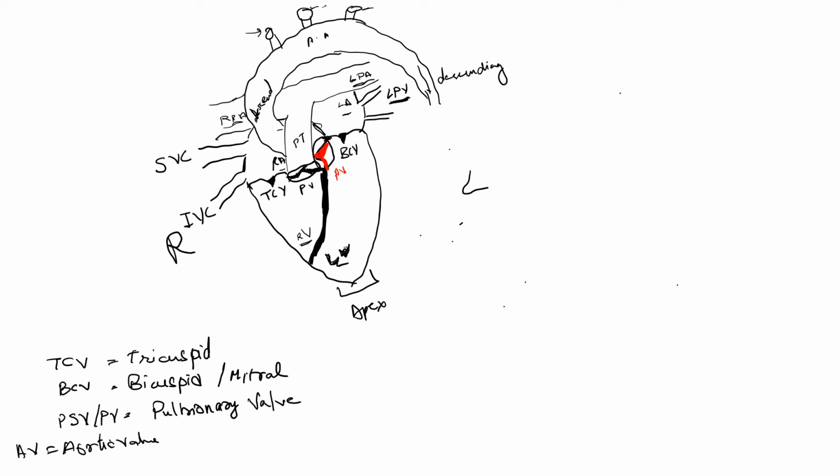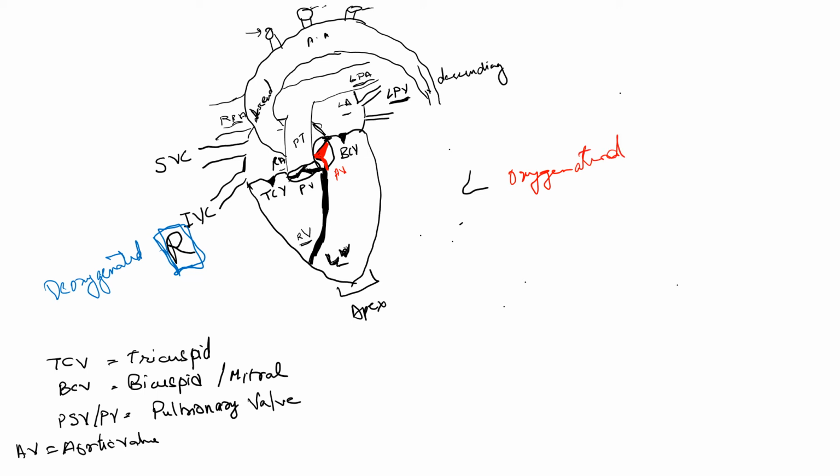Alright, so before you move on, just keep in mind the right side of the heart. The right side of the heart deals with deoxygenated blood. And I'm going to represent deoxygenated blood in blue. The left side of the heart carries oxygenated blood.